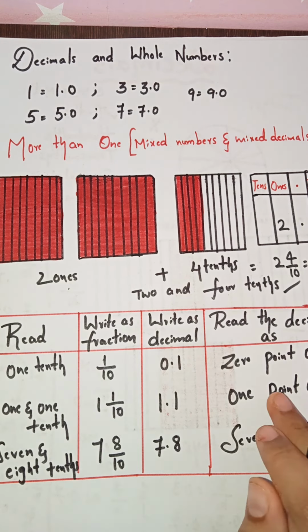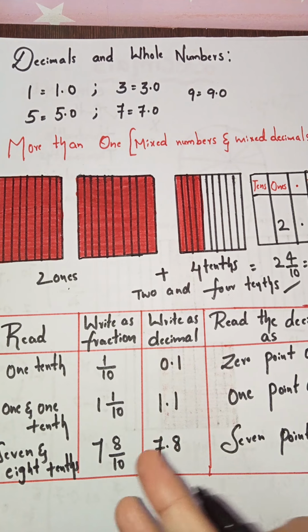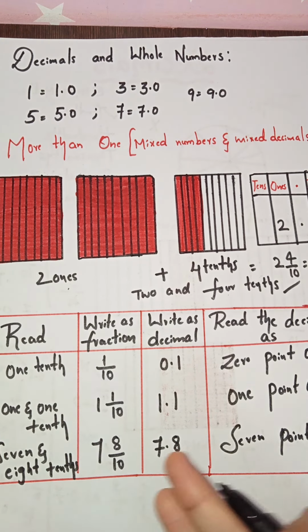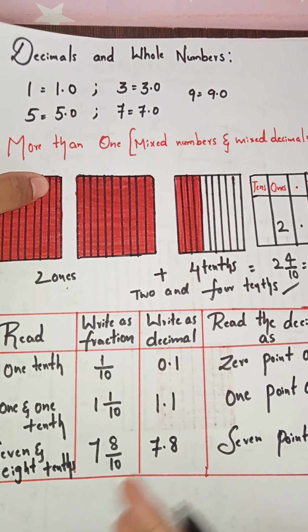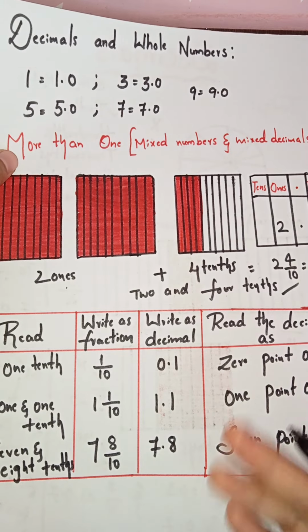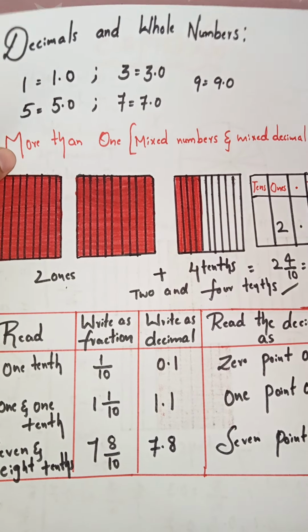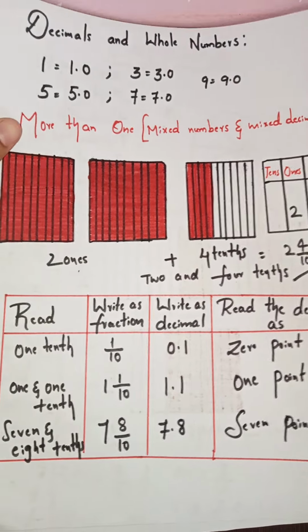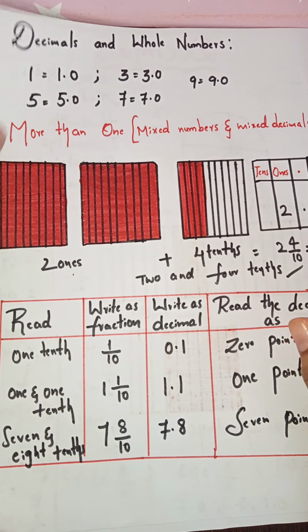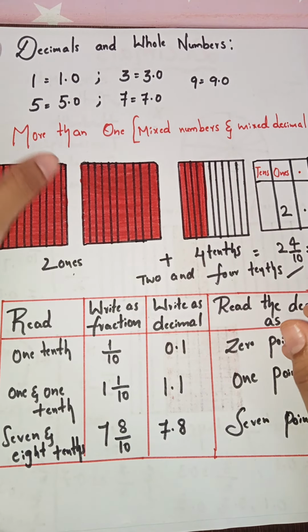So this is how we write a fraction as a decimal and how we pronounce that decimal. Next we will see how decimal numbers can be shown on a number line. I'll see you.